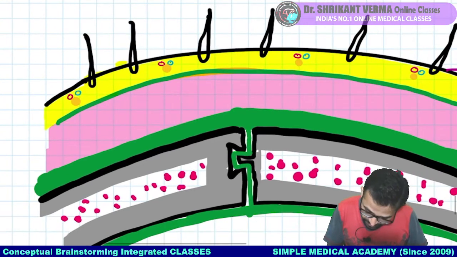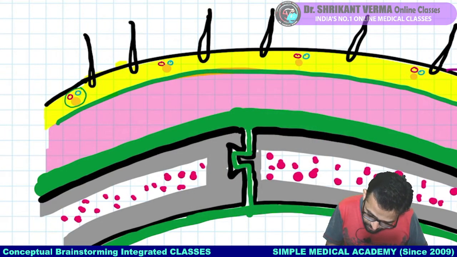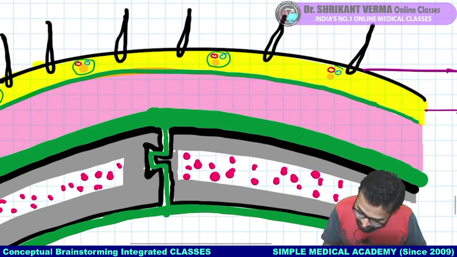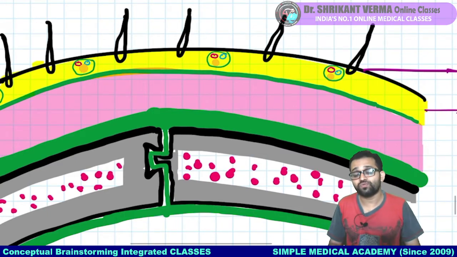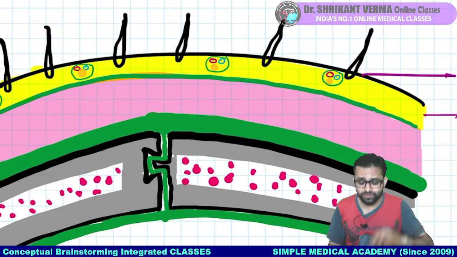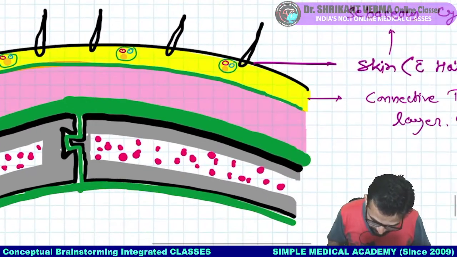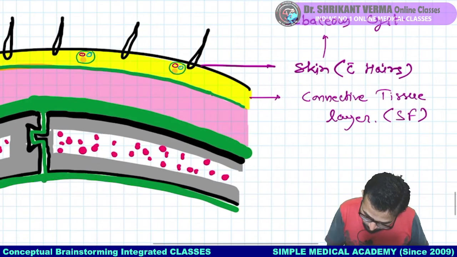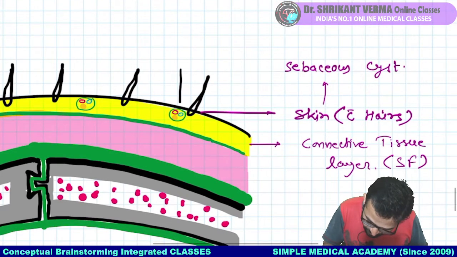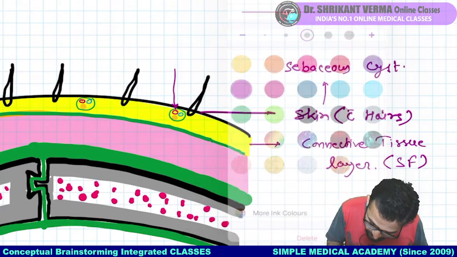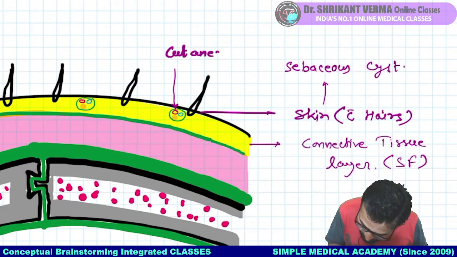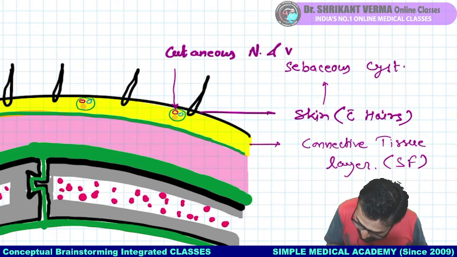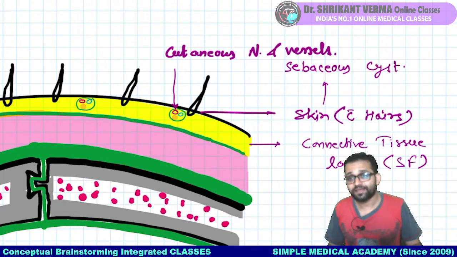Getting the point? Yes, these are all enclosed within a sheath. So these are neurovascular bundles, you can say superficial. Okay, so these are nothing but cutaneous nerves and vessels. We will observe all this in detail. Getting the point?